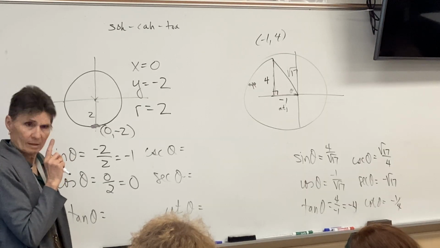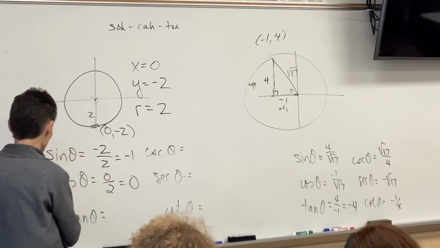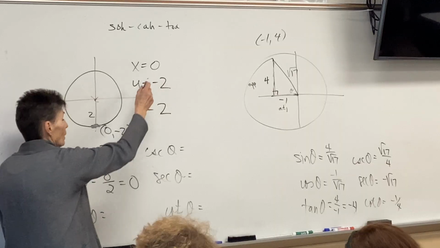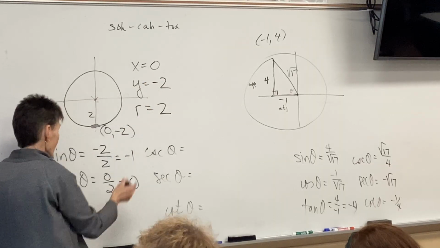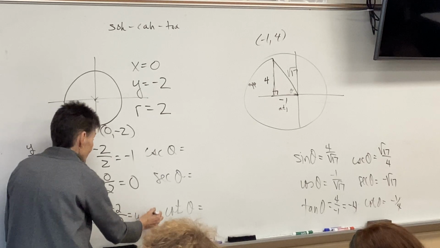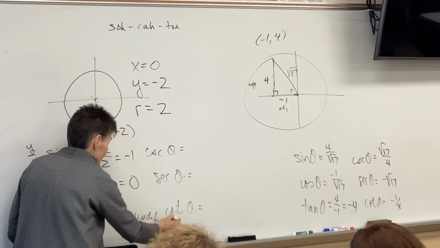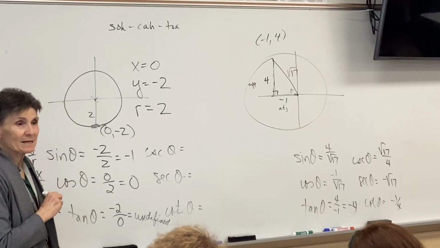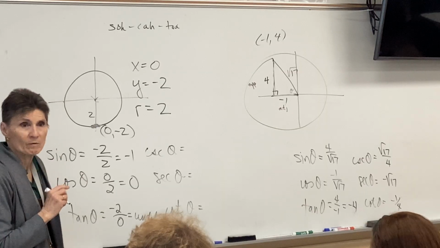Y over x. Opposite over adjacent, y over x. And y over x, no solution, is undefined. This is the first time that's happened to us because this is the first time we got 0.